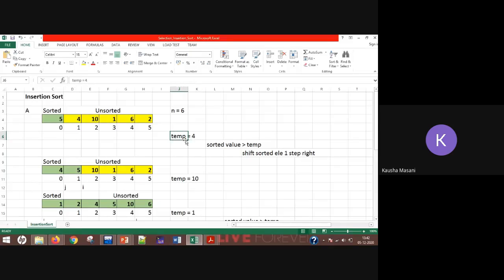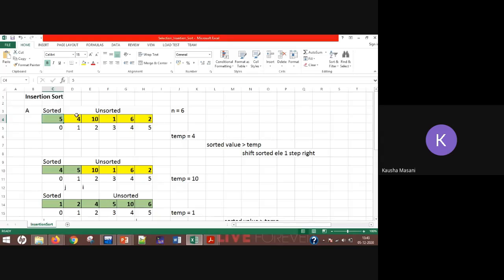So यहाँ पे मैंने टेम्पररी वेरिएबल में उसको स्टोर करवा दिया सबसे पहले. अब नाउ आई एम गोइंग टू चेक if my sorted value is greater than my temp value. temp में मैंने वो वेरिएबल कॉपी किया है जो मैंने अनसॉर्टेड से उठाया था. ठीक है, अगर मेरी सॉर्टेड वैल्यू मेरे टेम्प वेरिएबल से बड़ी है, इफ दैट इज द कंडीशन, तो मैं अपनी सॉर्टेड वैल्यू को एक प्लेस राइट शिफ्ट करूंगी.